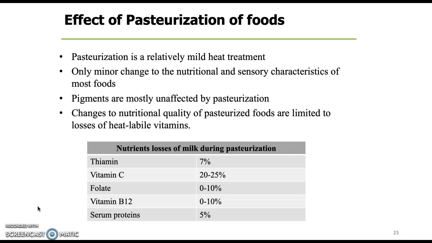The table below compares the nutrition before and after pasteurization, and you can see the change is very minor. For example, thiamine changes about 7 to 7%, and vitamin C, because it is extremely heat sensitive, will decrease by 20 to 25%. Folate about 0 to 10%, vitamin B12 about 0 to 10%, and the serum protein will lose about 5%. So you can see it's a very mild process.